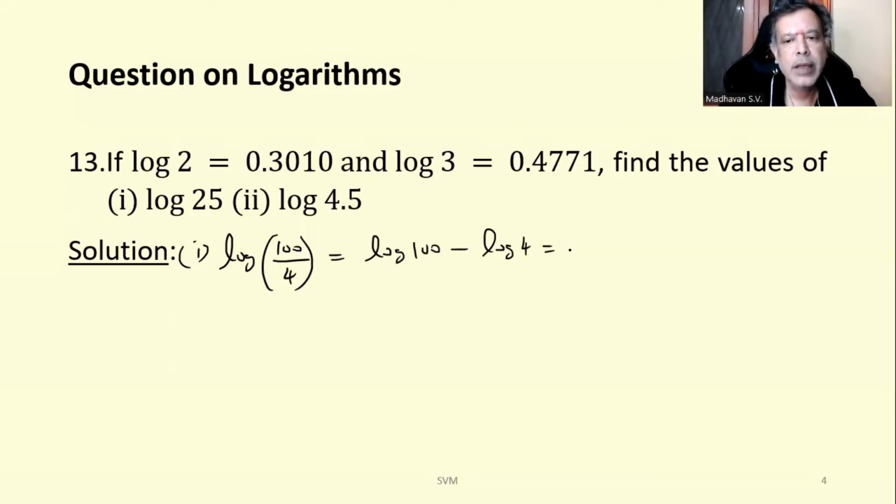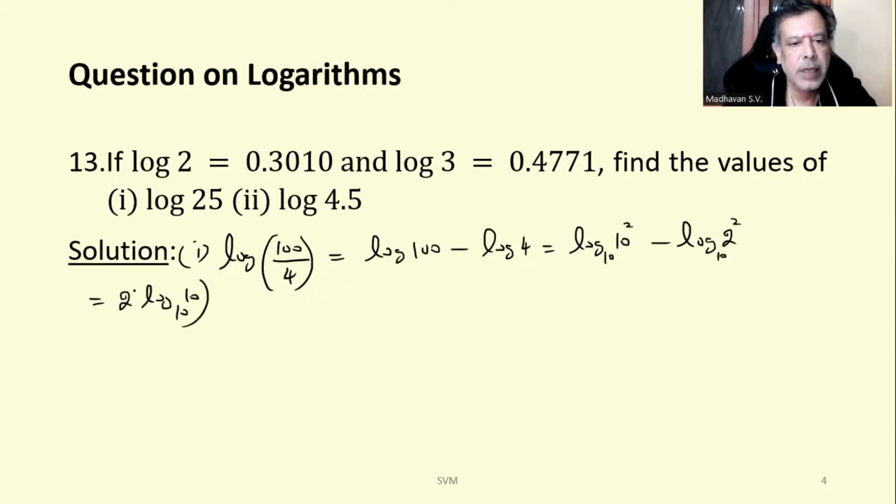Again, 100 can be written as logarithm of 10 square minus 4 can be written as logarithm of 2 square. So that is further, if there is no base, it is considered to be base 10. So which means we will have 2 times logarithm of 10 to the base 10 minus 2 times logarithm of 2 to the base 10. This logarithm of 10 to the base 10 is nothing but 1.